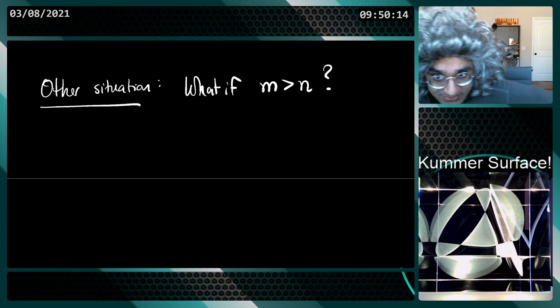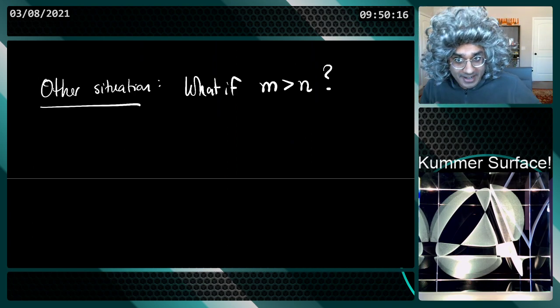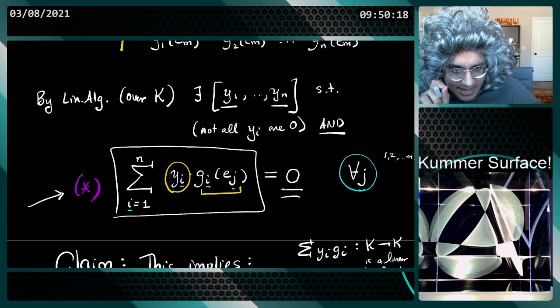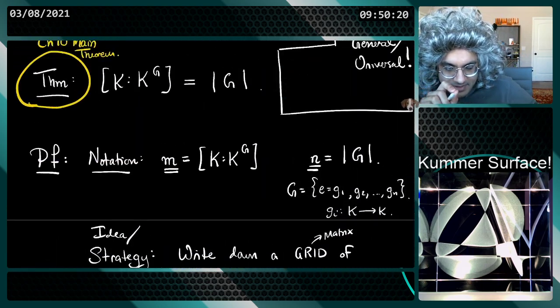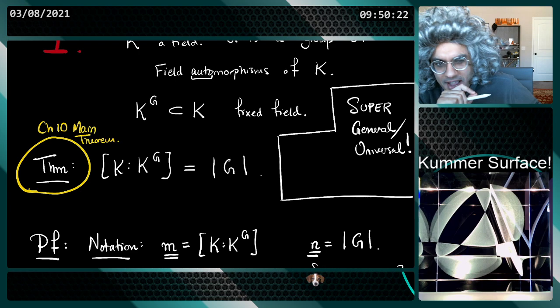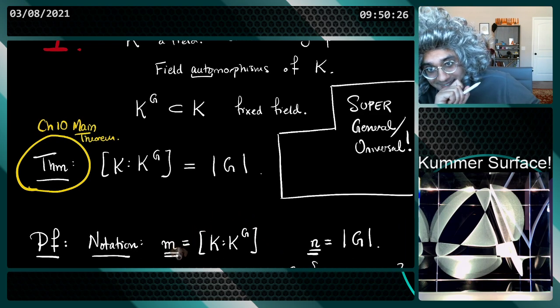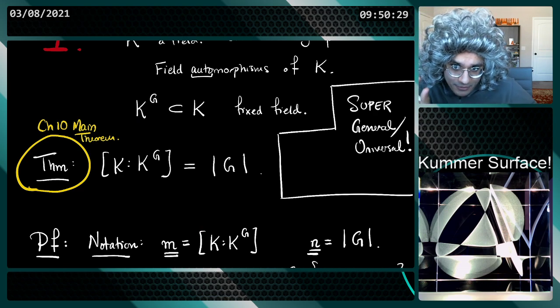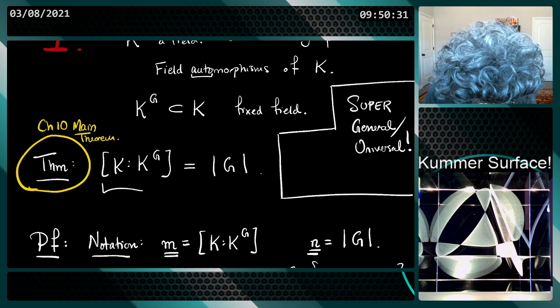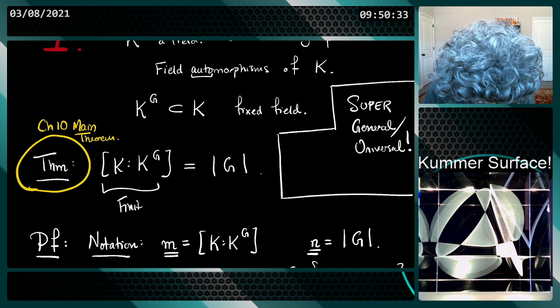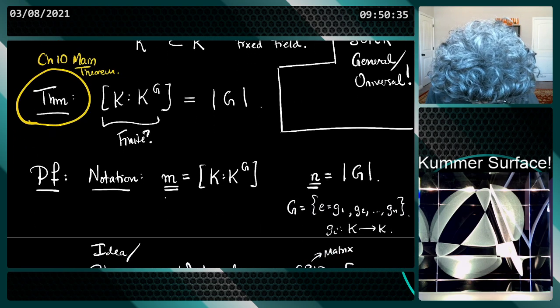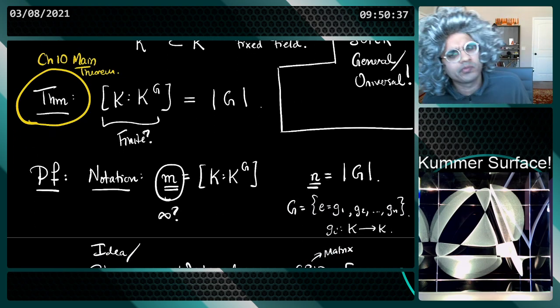Okay. So what if m is greater than n? Now there's a small little detail that I have to worry about. It's not actually clear, at least at first, that this side is finite. Is this infinity maybe?